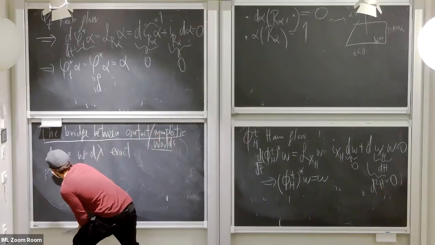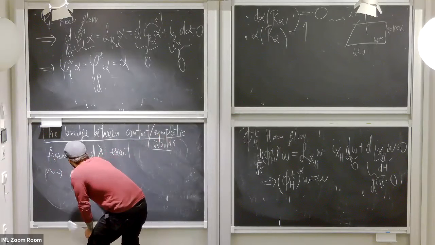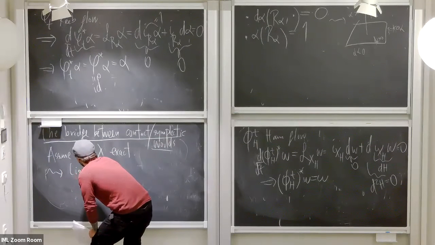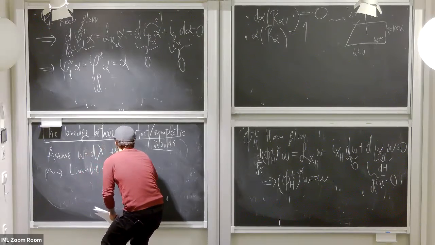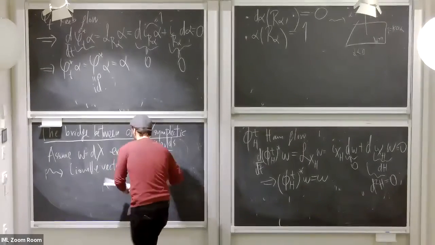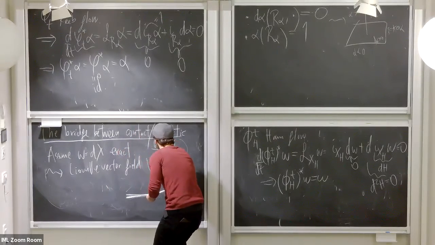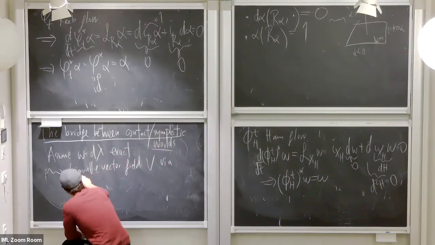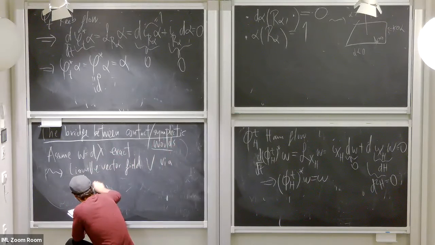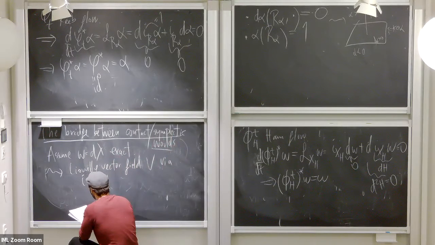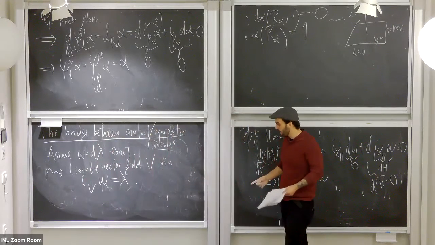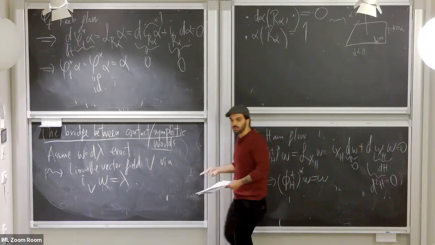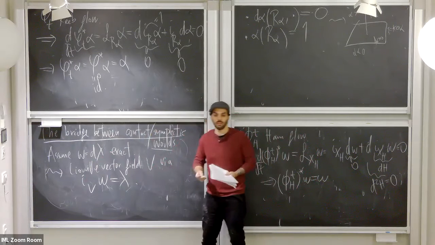In this situation, we have the associated Liouville vector field V defined via the equation that the contraction of the symplectic form by V needs to be lambda. And again, this gives me a well-defined vector field by non-degeneracy of omega.